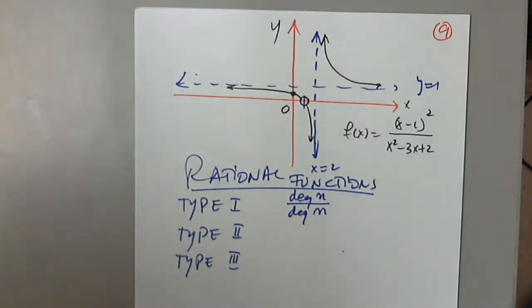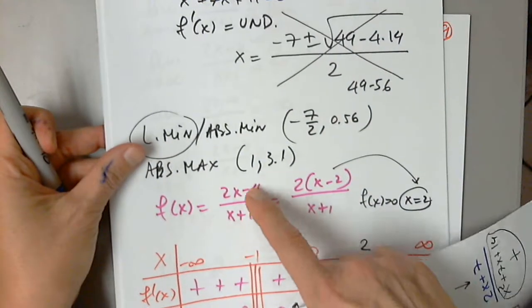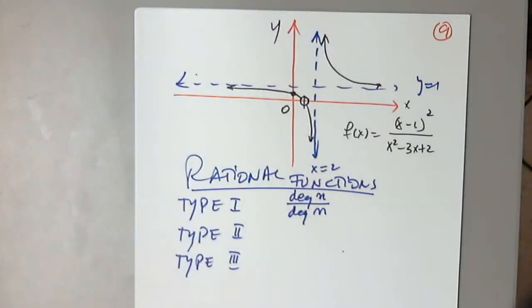The one that we started at, we left off, we didn't finish last time, degree 1 over degree 1. So when the two degrees are the same, this function has a horizontal asymptote. It's normally the leading coefficient over the leading coefficient. So we saw here horizontal asymptote 1 and the previous one horizontal asymptote 2.